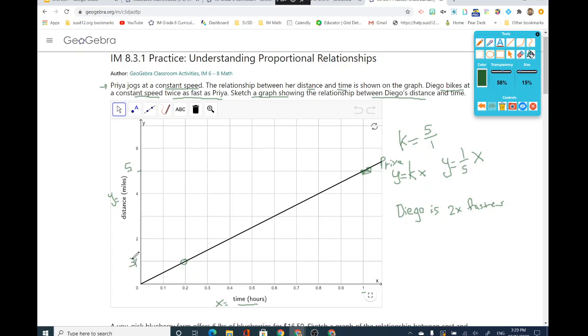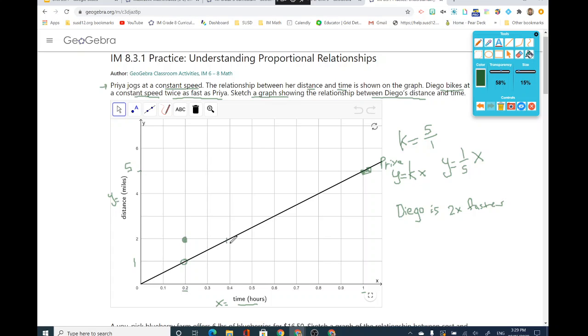I'm sorry, that's 1 mile, not 3. I'm going to erase that. I didn't read my graph correctly. In 0.2 hours, Priya has run 1 mile. So Diego, who is twice as fast, will have run 2 miles.